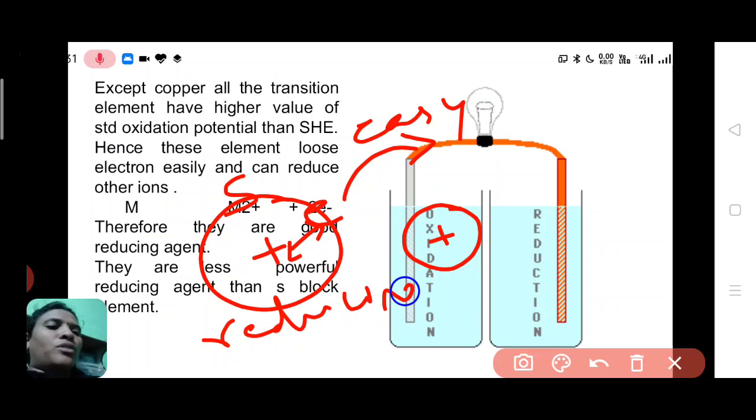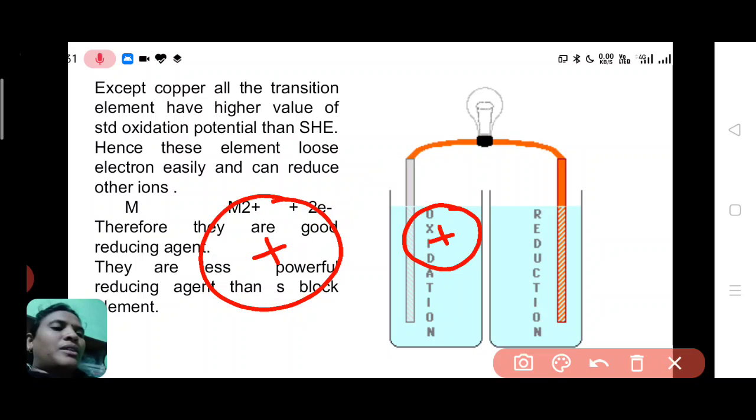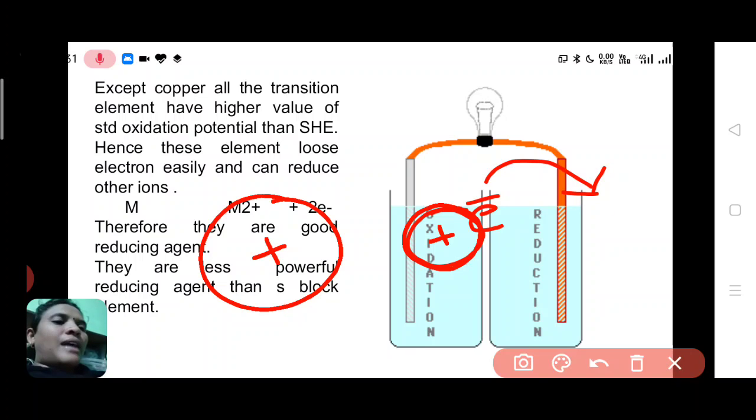They are good reducing agents. While d block has a small atomic size, the outer electrons which we have to remove can be removed only quite hardly as compared to s, because there is a small distance between electron and nucleus. So there is a strong electrostatic attraction between this nucleus and electron. So to lose this electron requires a high amount of energy.